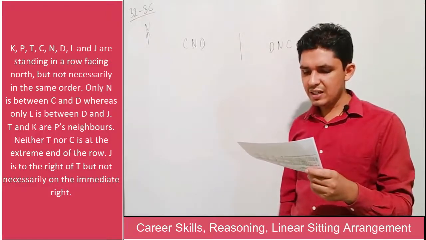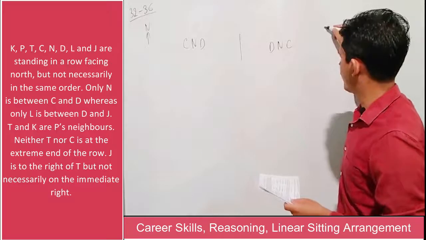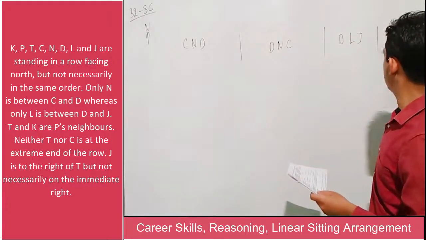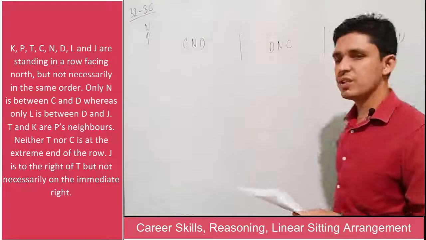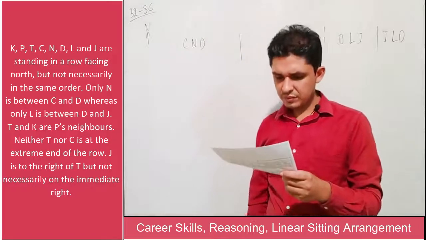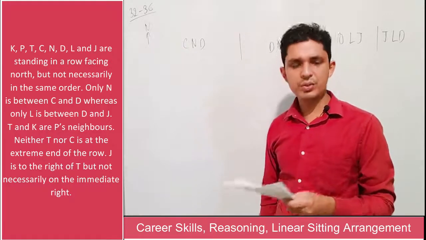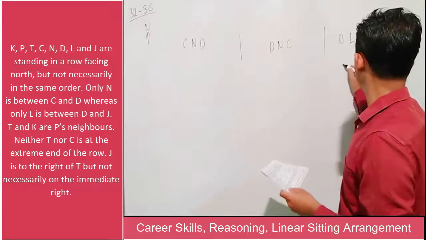Thereafter, L is between D and J, so we can write it as L is between D and J. This is a possibility, and this is the possibility, right? So T and K are P's neighbors, so we can write it as T and K are P's neighbors.